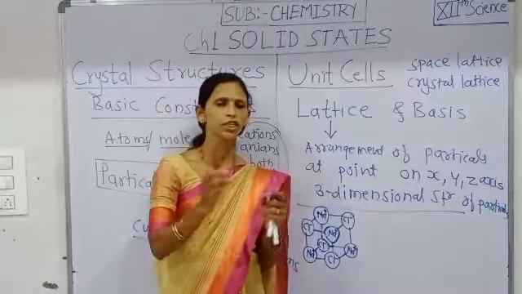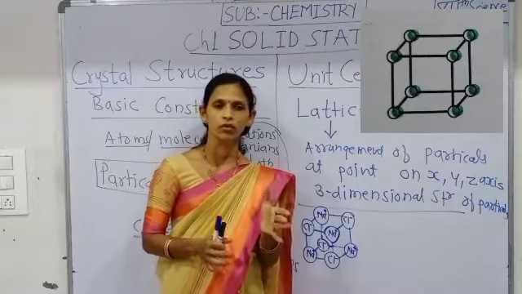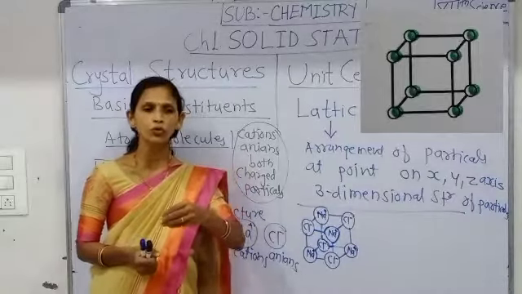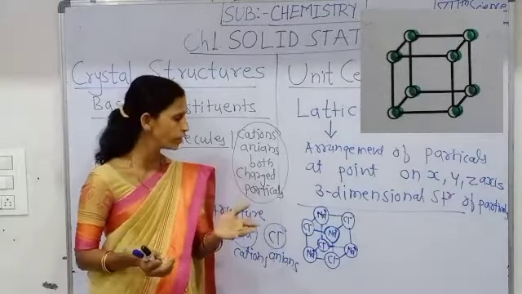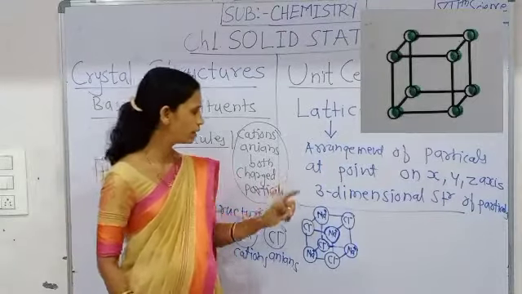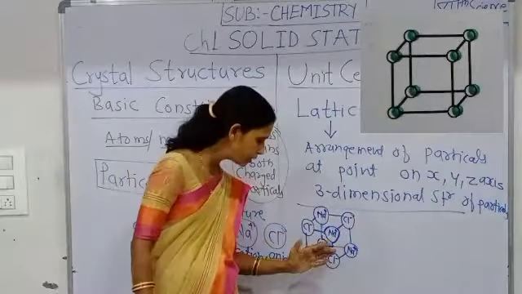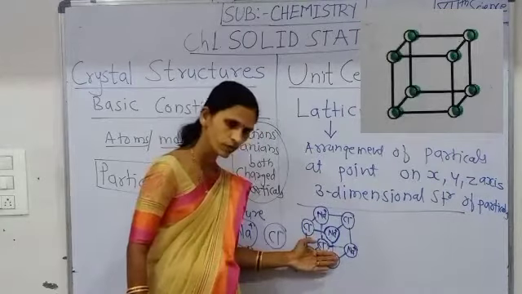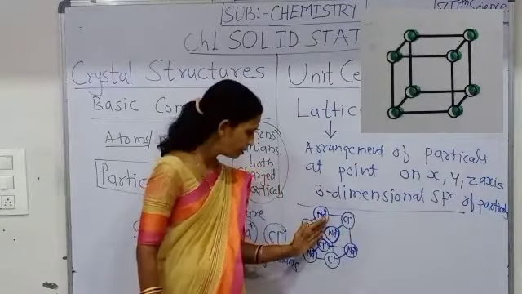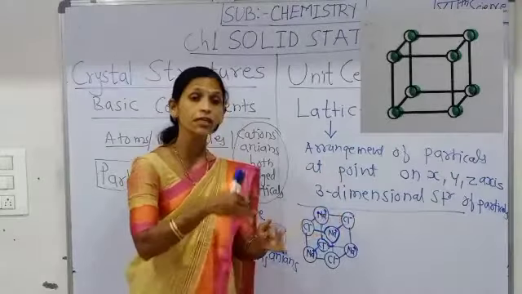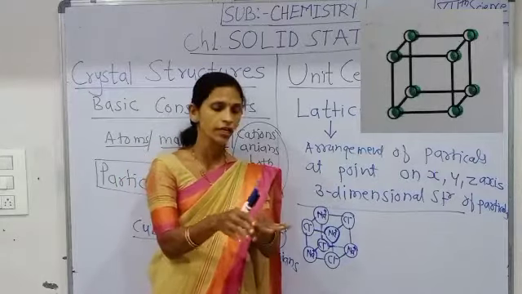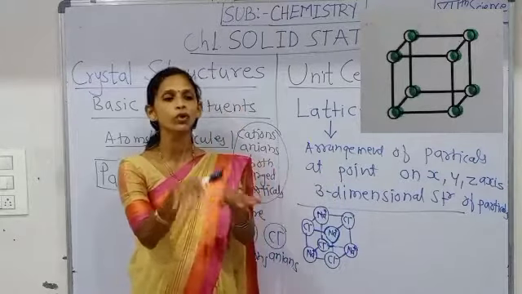Crystal lattice is an arrangement of the basic constituent of the crystal, that is the unit cell. This is the unit cell of the NaCl crystal, and it is repeated again and again, stacked over each other.